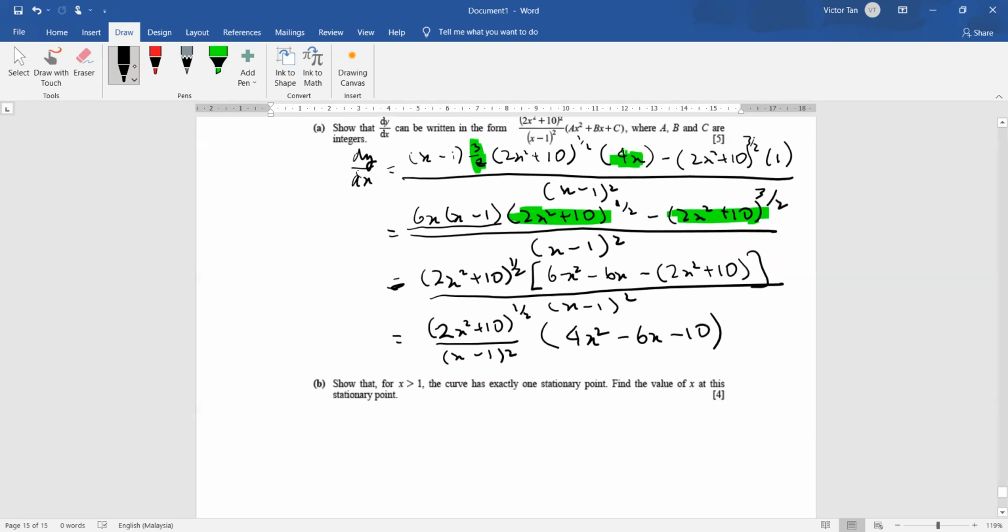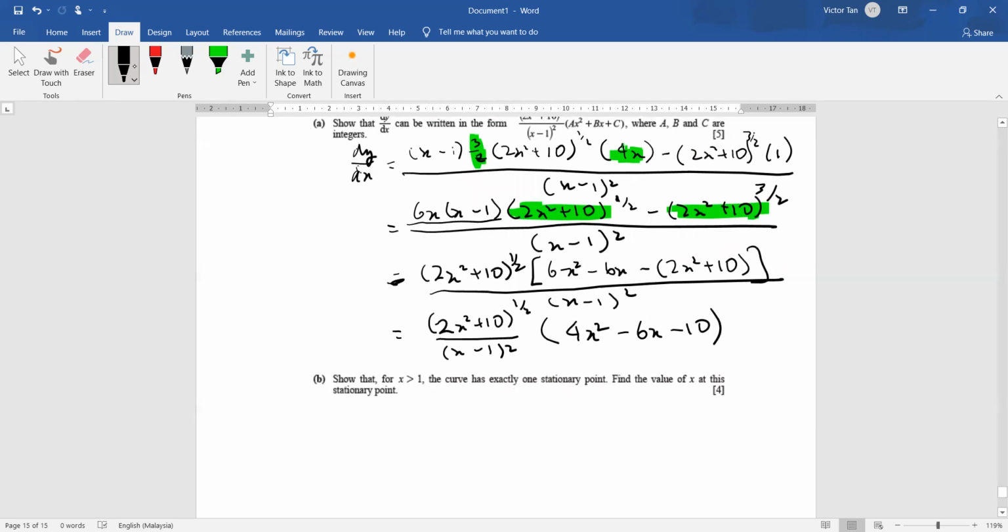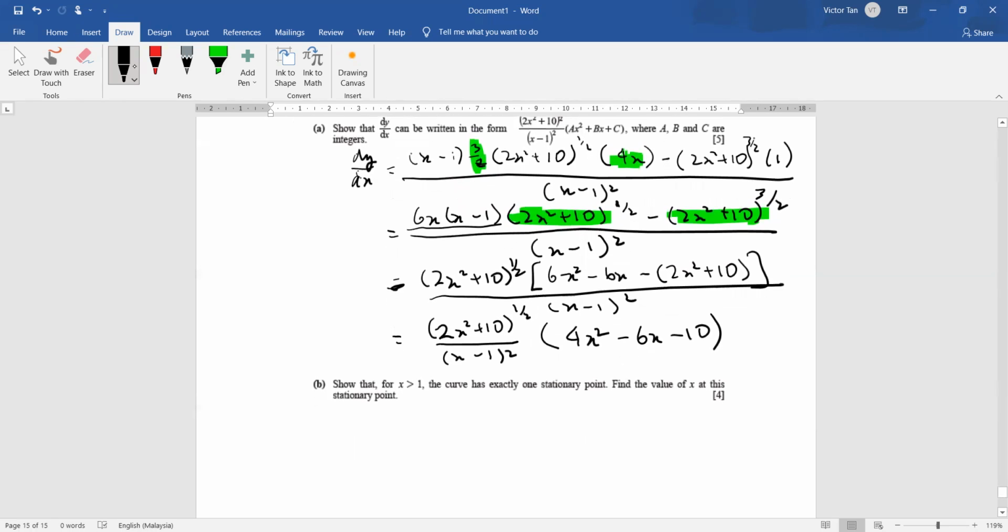Okay. Show that for x larger than 1, the curve has exactly one stationary point. Okay. So if you find stationary points, dy dx is 0.